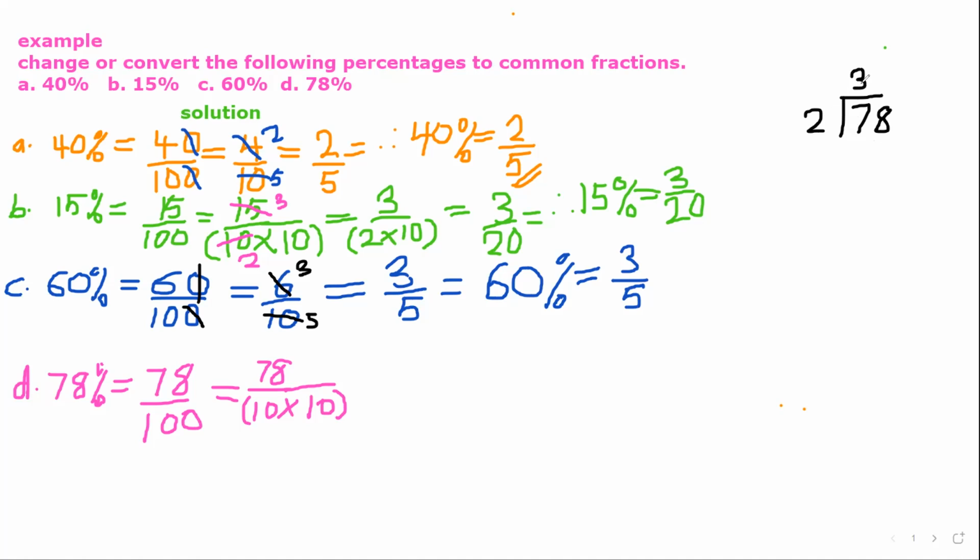Therefore, 3 here times 2 will give you 6. Then when you subtract to check whether items have been left over, you subtract this from that and you get 1. Okay, so this is the one that they couldn't share. Then you drop the next digit.